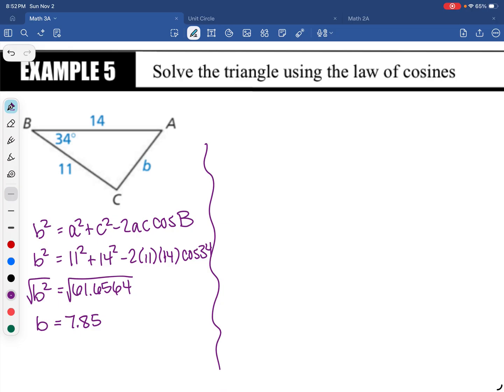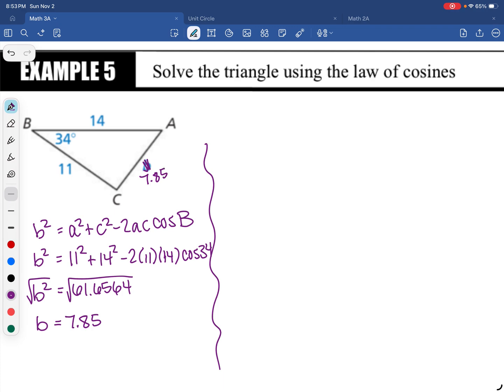Because this is 8521, it's not really a 7.9 or a 7.8. It's really in the middle, so I would probably just leave it as 7.85 because it really can make a big difference on your angle when you go to find the angle. Okay, so we've got this side now is 7.85.